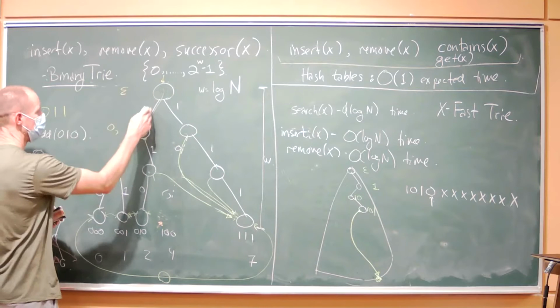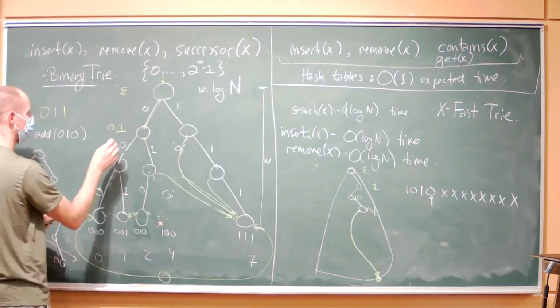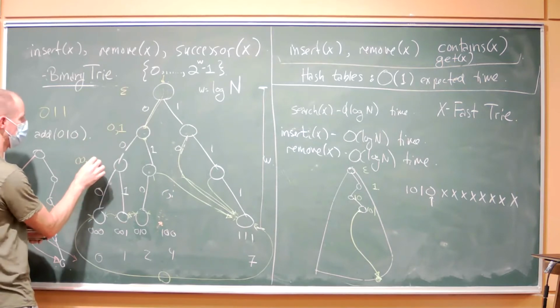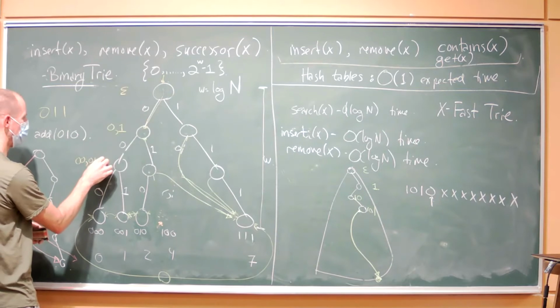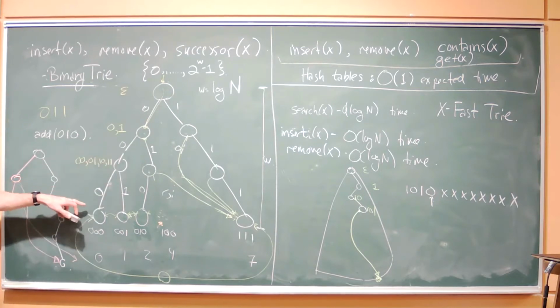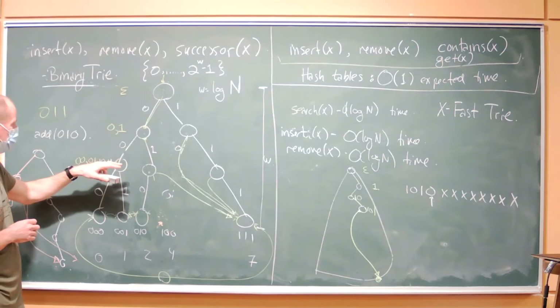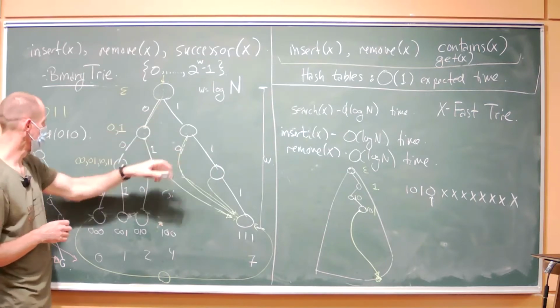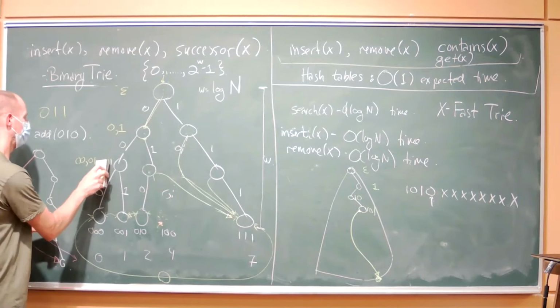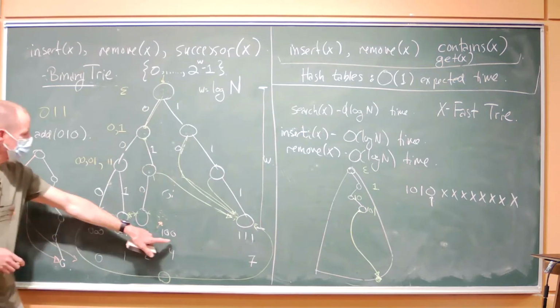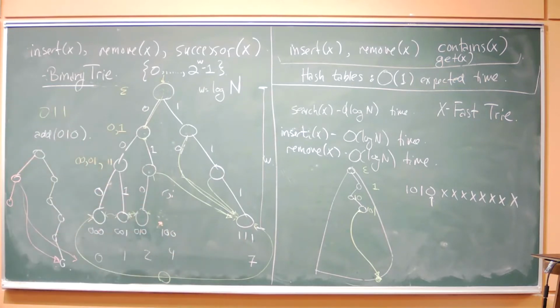At this level, there's a 0 string and a 1 string. At this level, there's a 0, 0 string, a 0, 1 string, and a 1, 1. There's no 1, 0, there's only these things. And then at the bottom level, there's the list of strings that are at the bottom level. Okay, good.